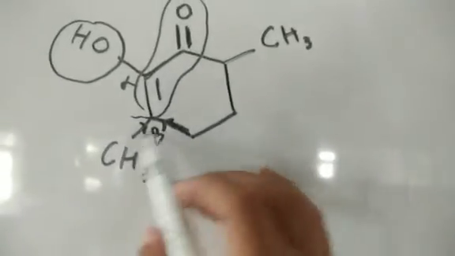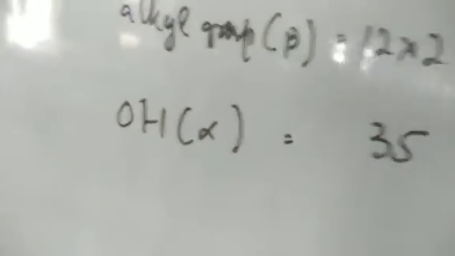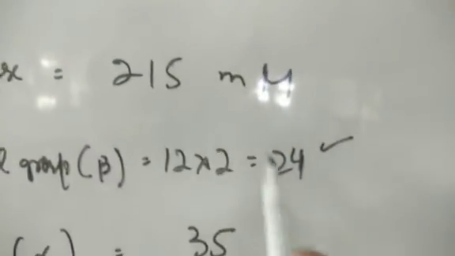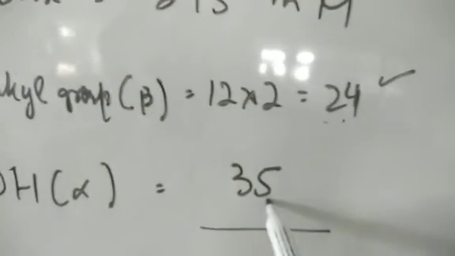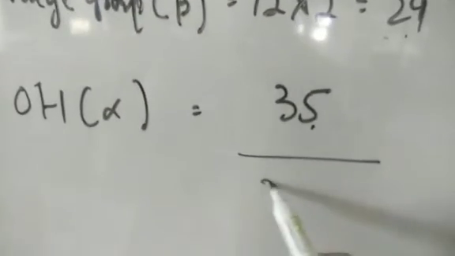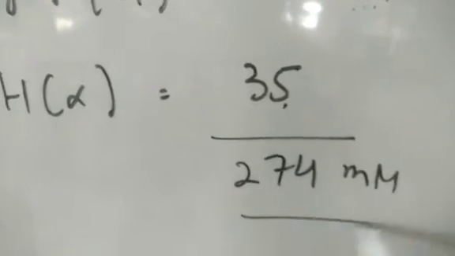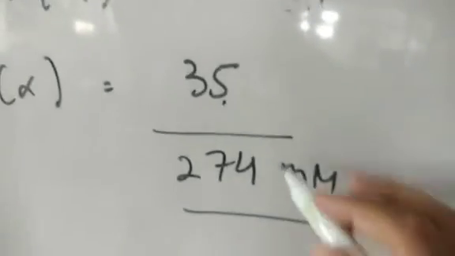That is 2 alkyl substituents as a ring, that's 24, done. So we have the alpha position hydroxyl, that's also done. So yeah, that's all. So this is 215 plus 24 plus 35, that is around 274 millimicrons. So this is the lambda max of this compound calculated, and it's very close to the theoretical. In case of the experimental value, it's around 275. Fine. So this is one more example.